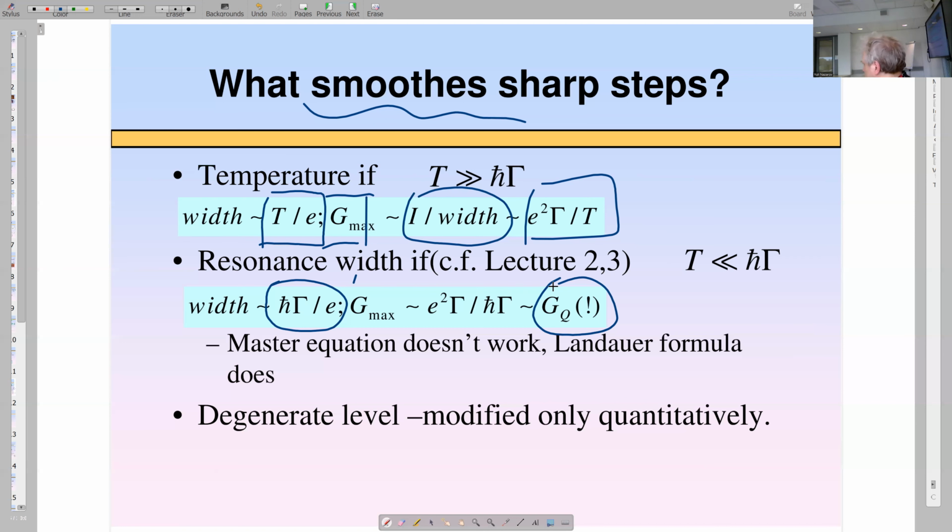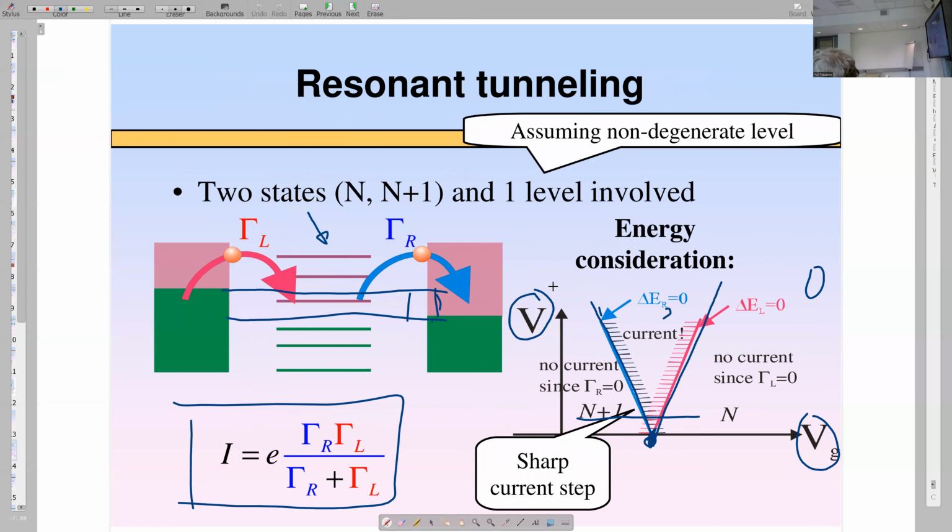However, if we take the dot and bias it to the edge of this region, we have conductance which is much bigger, of the order of GQ. We have seen this situation once when we talked about transmission through the double barrier.